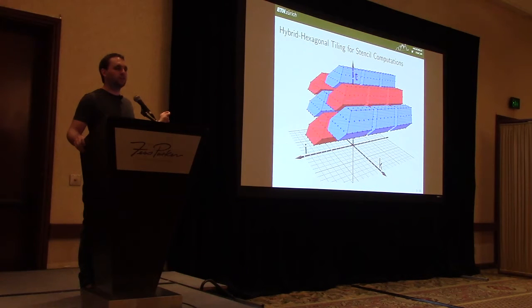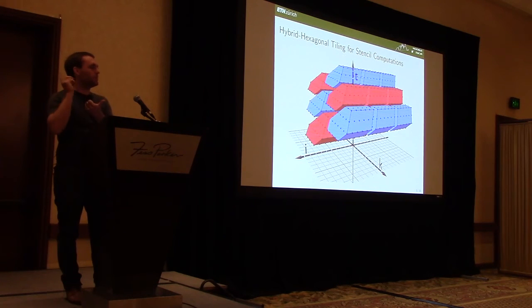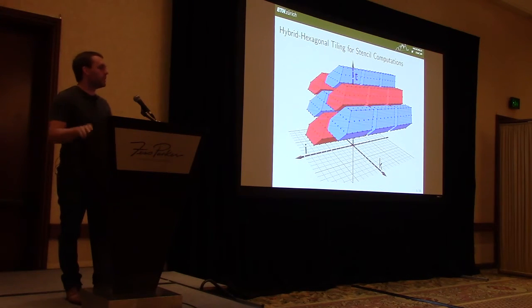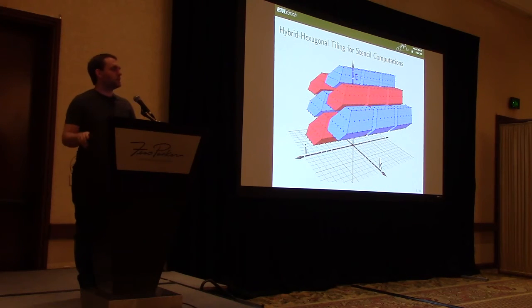For everybody who is not up to date, for a GPU you want to optimize for multiple levels of parallelism, coarse-grained and fine-grained, and provide sufficient parallelism at all levels. You want to ensure memory parallelism when you read from memory, no thread divergence, and you want to take advantage of shared memory on your GPU. This tiling scheme provides this by using hexagonal tiles on one dimension and classical tiling on other dimensions.